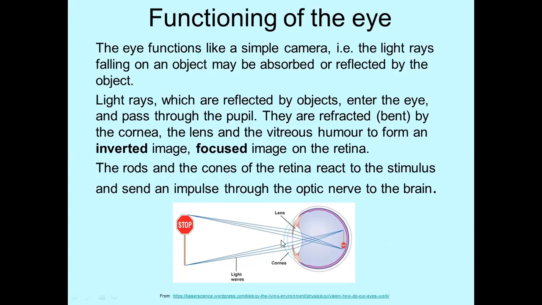And those light rays, and there will be light rays from all parts of this object, pass through the air and they will enter the eye and they will pass through the pupil and they will hit the retina. Along the way, they are refracted by the cornea, the lens, and the vitreous humor. And because of that, the image which falls on the retina is inverted.